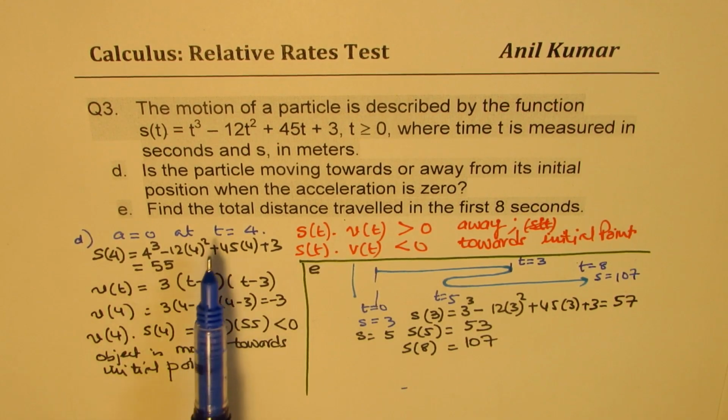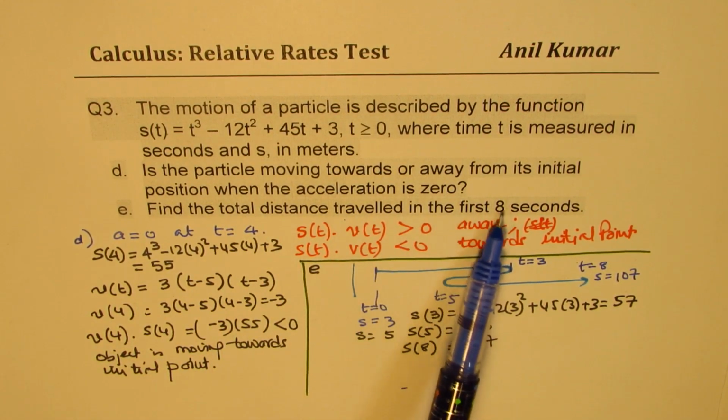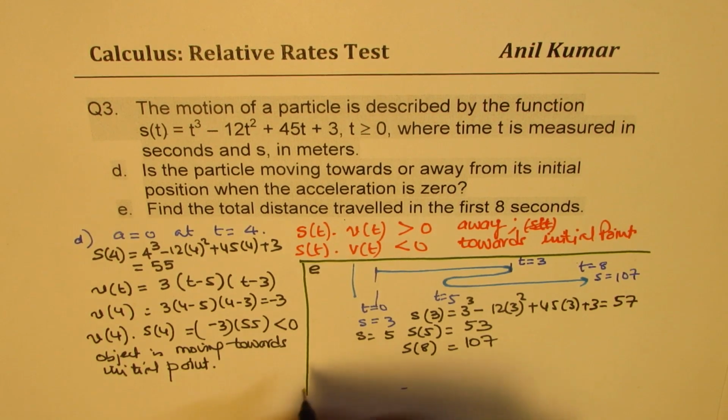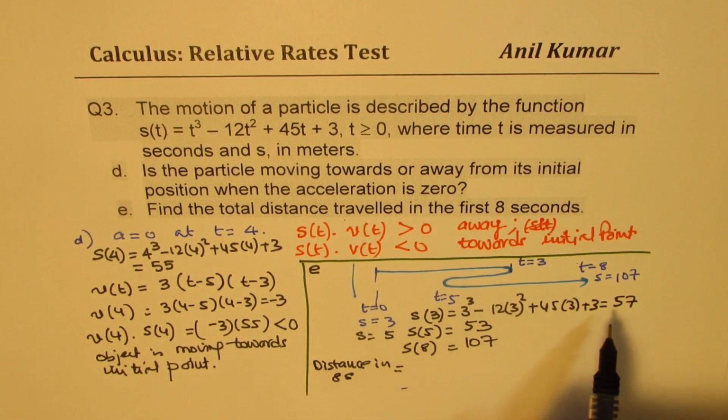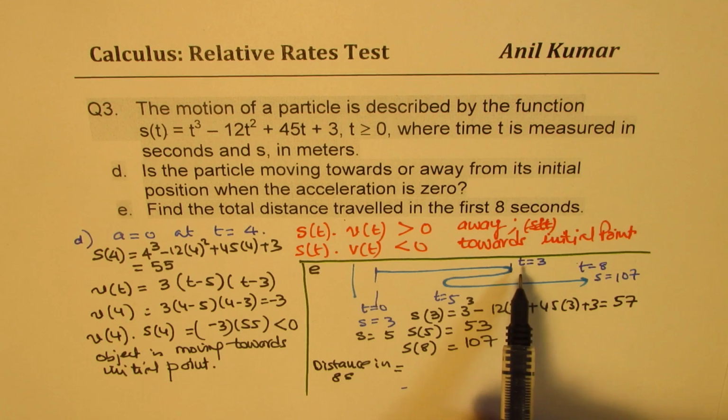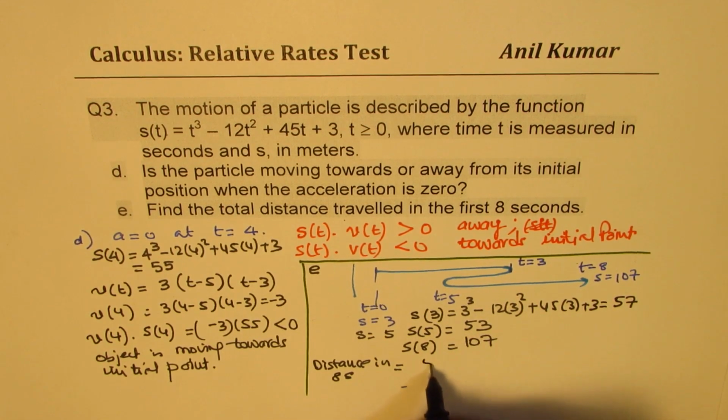Now, it is easy to find the total distance traveled in 8 seconds, right? The distance in 8 seconds is equal to the sum of all this. We calculated from here to here: it is 57 minus 3.